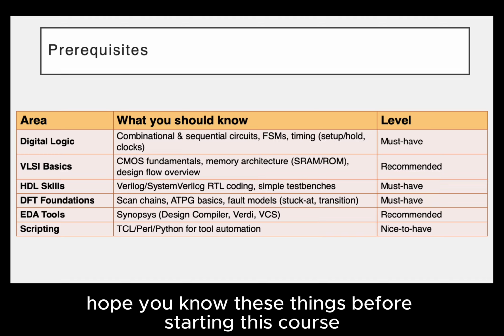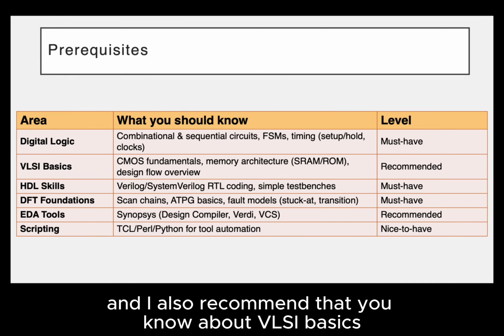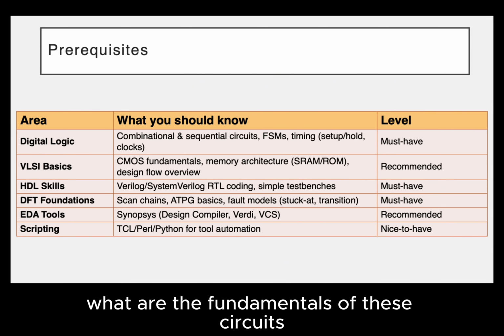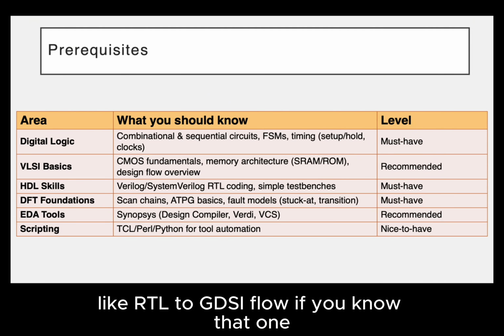I hope you know these things before starting this course, because then this course will become much easier to understand for you. And I also recommend that you know about VLSI basics, like what are CMOS circuits, what are the fundamentals of these circuits, and the design flow overview, like the RTL to GDSII flow.